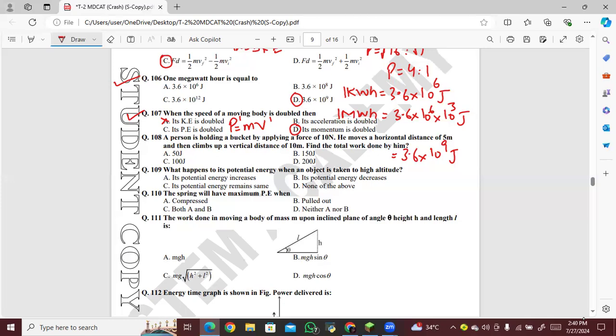So walking horizontally, there will be no work done. So when we calculate the work done by the person when he climbs up, it is FD. The force is 10 and distance is also 10, vertical distance. So answer is 100 joule.